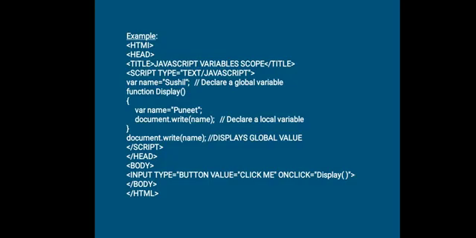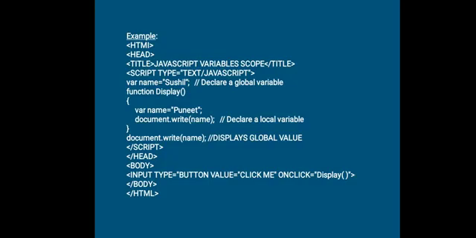You can see I have used the document.write method, which is generally used to display the output. Here we have displayed name in two places. One is within the function, second one is outside the function.